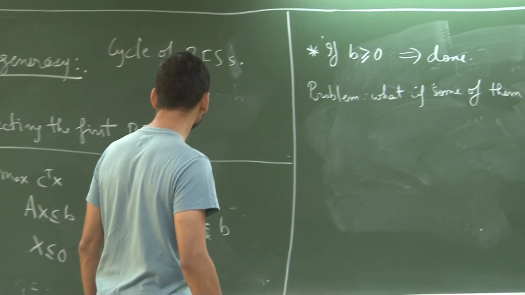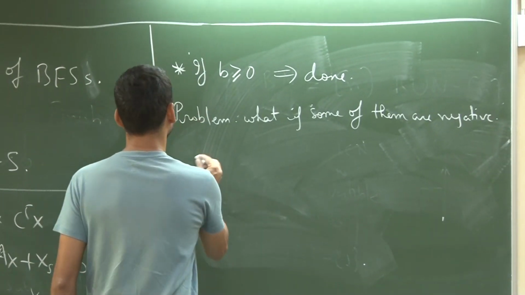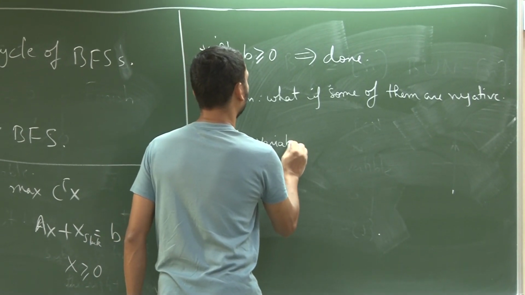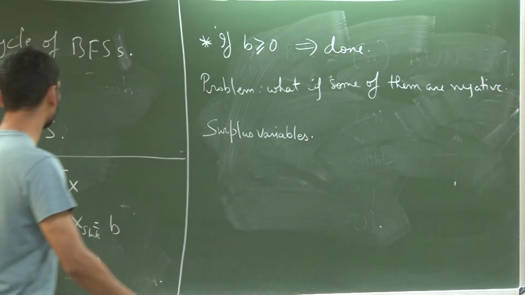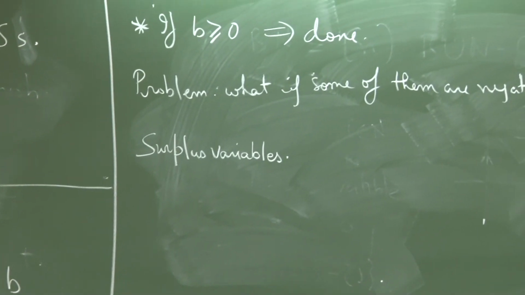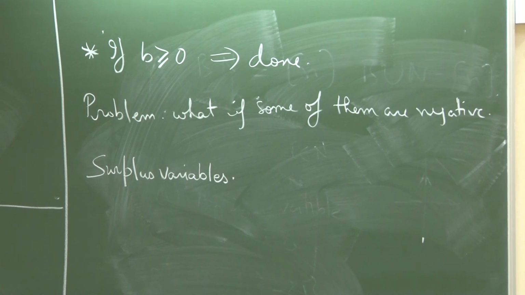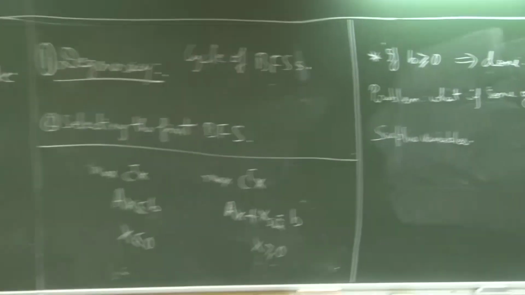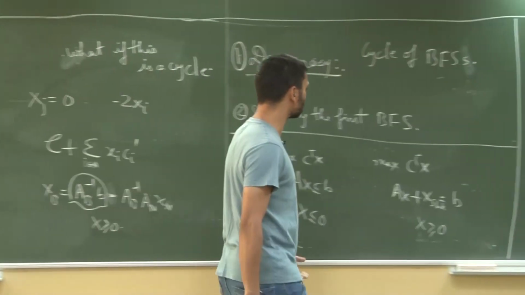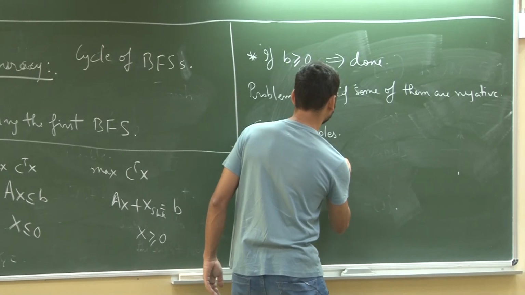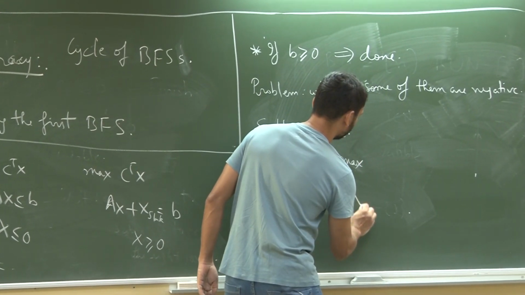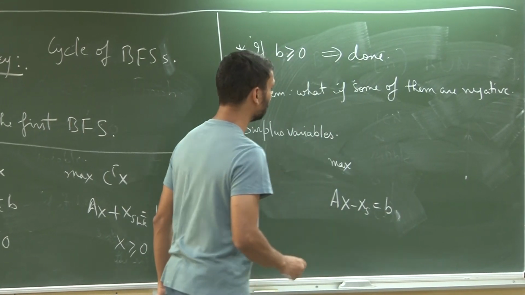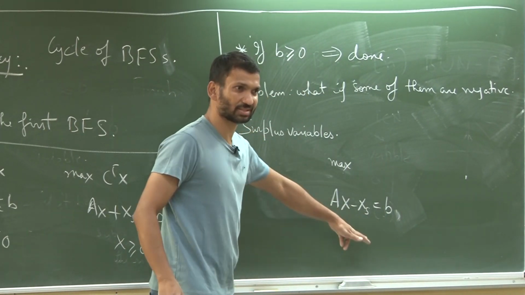What I need to do now is this trick of surplus variables. What this does is AX minus XS, this is the surplus variables.